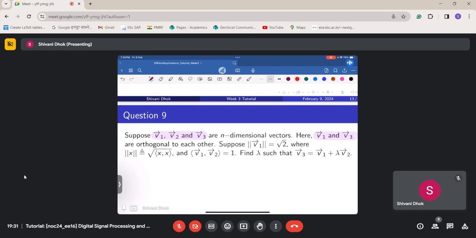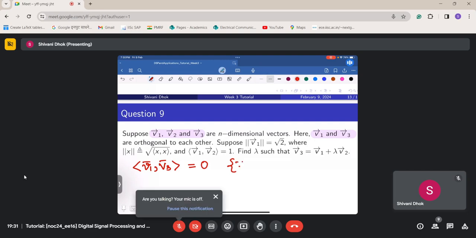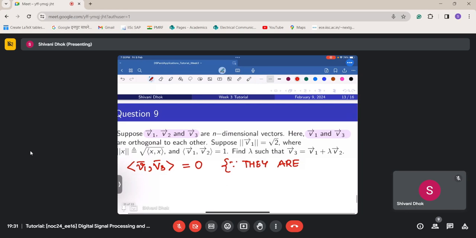So what does it mean? The inner product of V1 and V3 is 0 since they are orthogonal.